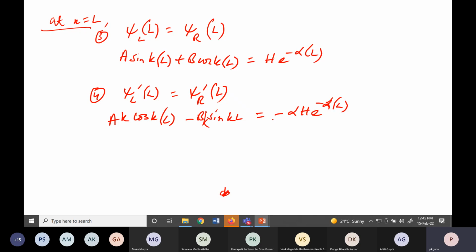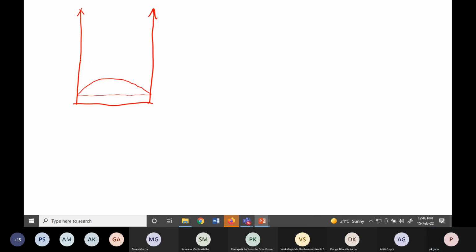If you are very keen, you can try to find the solution. I'm just telling you the way how you can do it. But let me discuss a little bit further about the waveform. What is the waveform? For the infinite potential well, you remember, we got a waveform like this, E1, E2, E3.